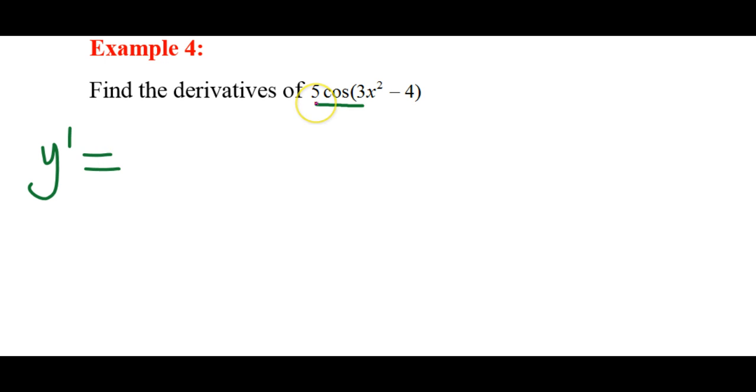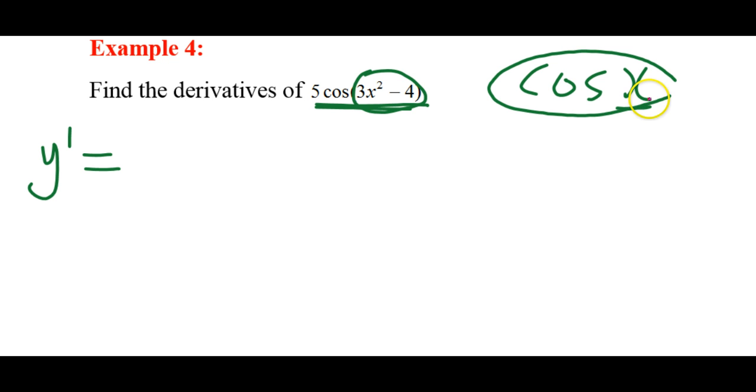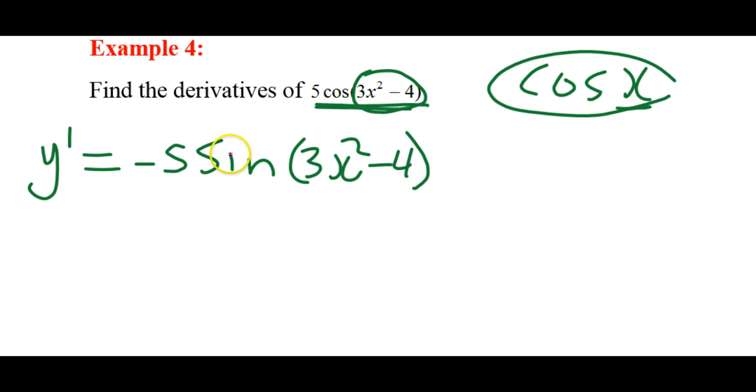Now, when I differentiate the whole of this, cos of this, we assume that it's like cos x. The whole of this function represents x. So when I differentiate cos x, I have negative sine x, right? And so I'm going to say negative 5 sine into bracket 3x squared minus 4.